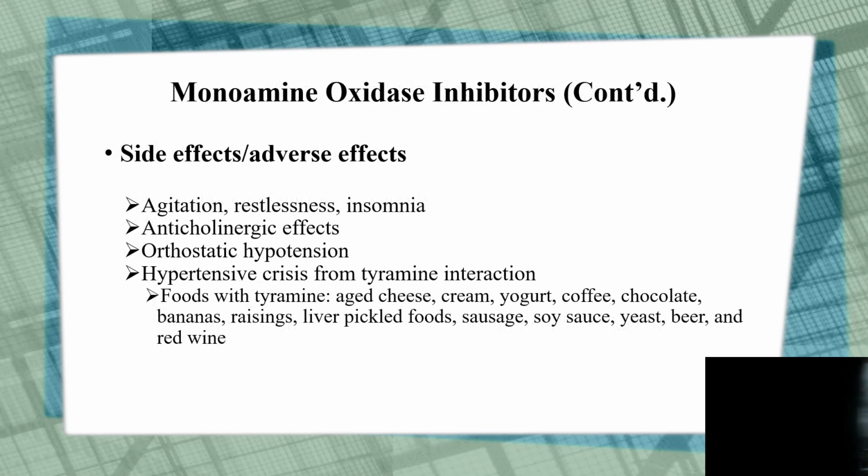Side effects include agitation, restlessness, being unable to sleep, anticholinergic effects, dry mouth, orthostatic hypotension, and hypertensive crisis from tyramine interaction. Some foods that contain tyramine include aged cheese, yogurt, coffee, chocolate, pickled foods, sausage, beer, and red wine.